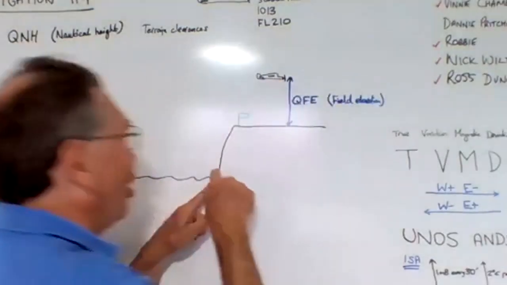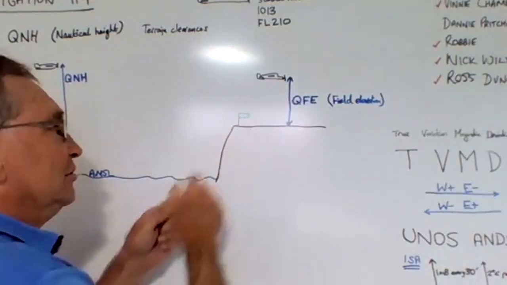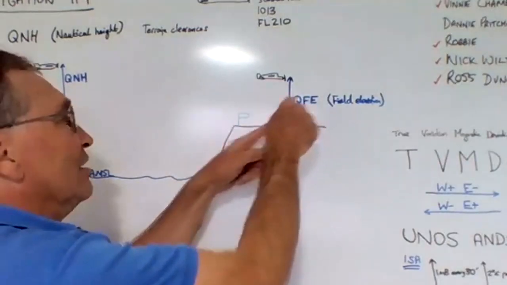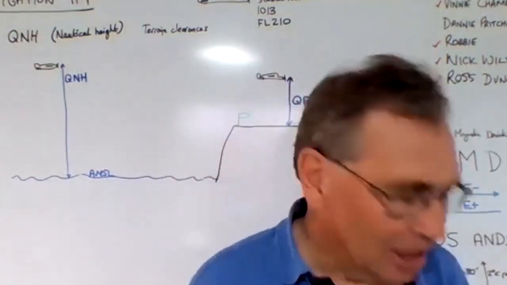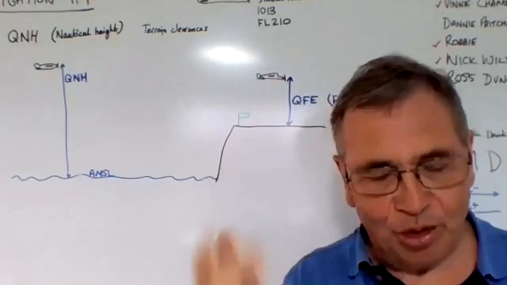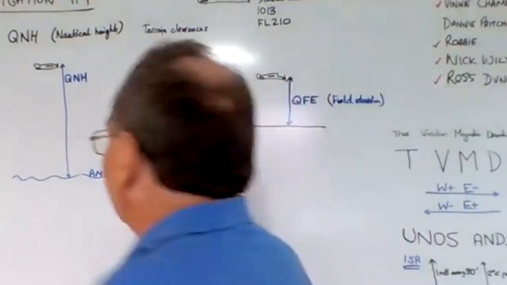Because if you know how high the airport is, then how high the airport is above sea level is what their QFE is going to be based on the QNH. So it's quite easy to take a guess what their QFE is going to be.